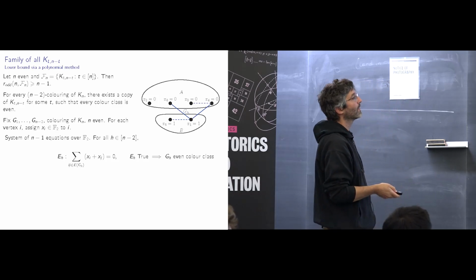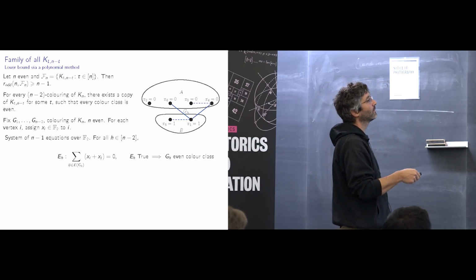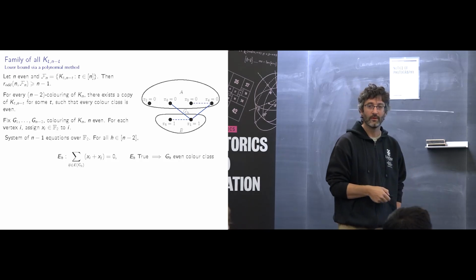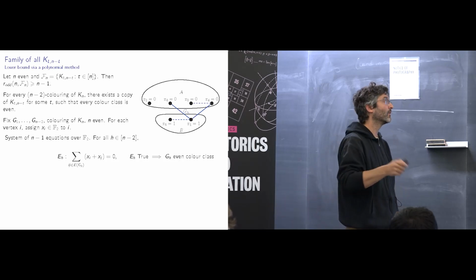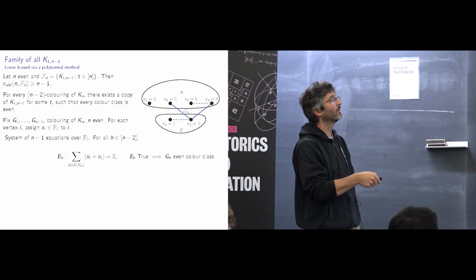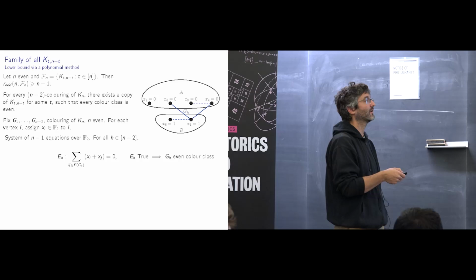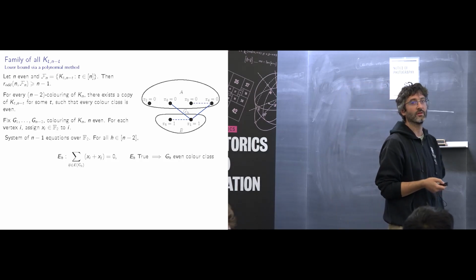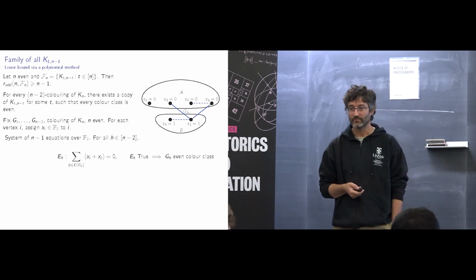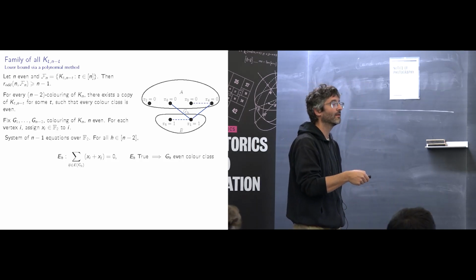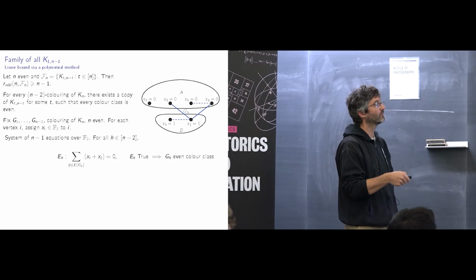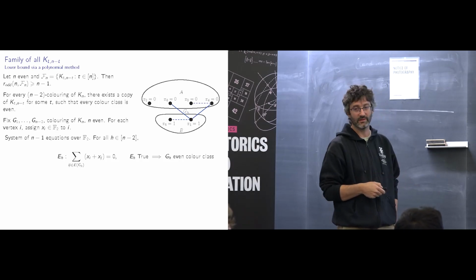So somehow, if I can find an assignment of xi into 2 blobs such that this equation is satisfied for every color, I know that I have a complete bipartite graph, t, n minus t, such that every color contains an even number of edges. So how can I ensure that I have an assignment of my xi over Z2 or F2 such that I have that system of equations satisfied?